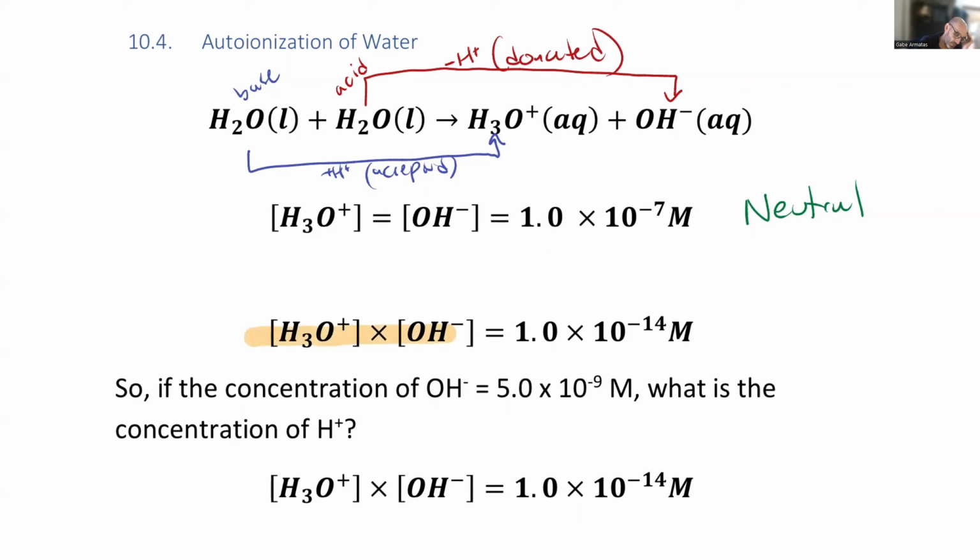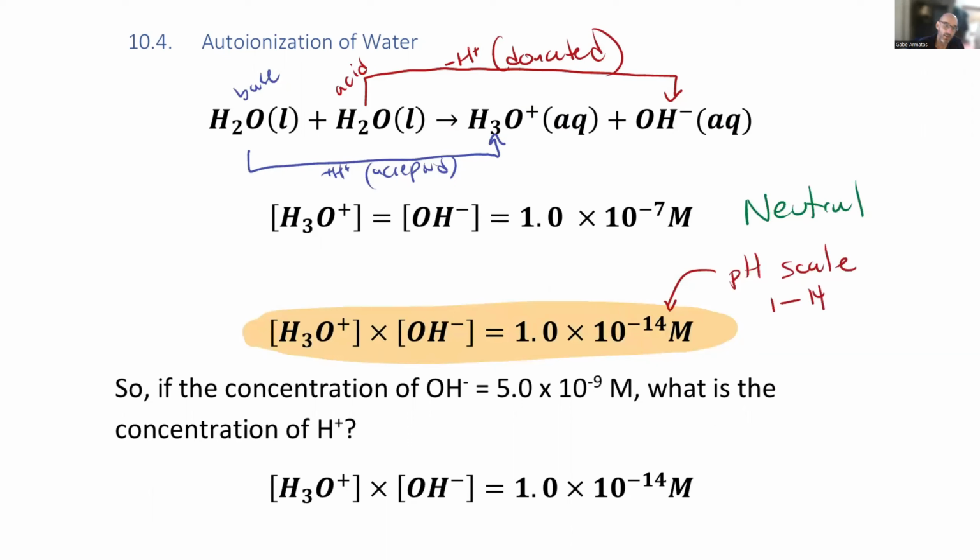This is the important equation: H3O times OH minus, the concentrations of those two things in any solution at room temperature, is 1 times 10 to the negative 14. The negative 14 is important because that is what the pH scale is based on, going from 1 to 14, all because of that 14 number. Don't ask how we got there. This is the important equation.